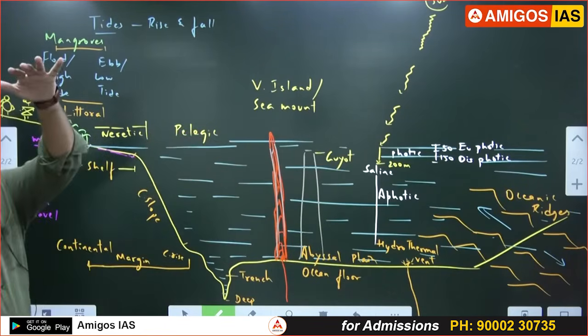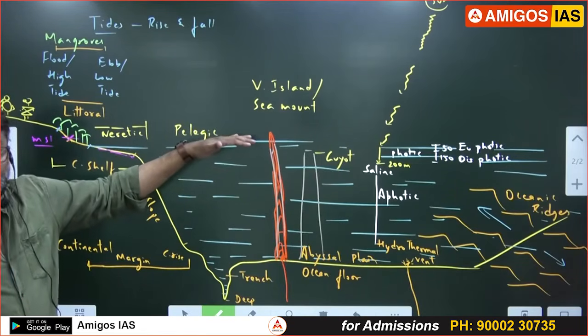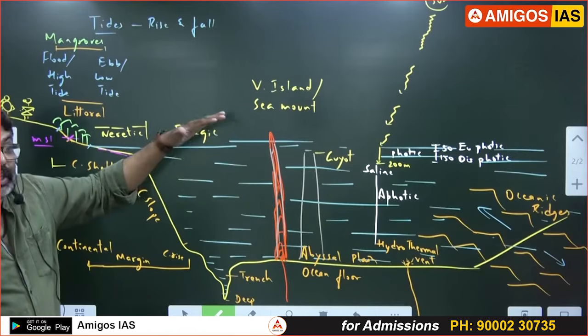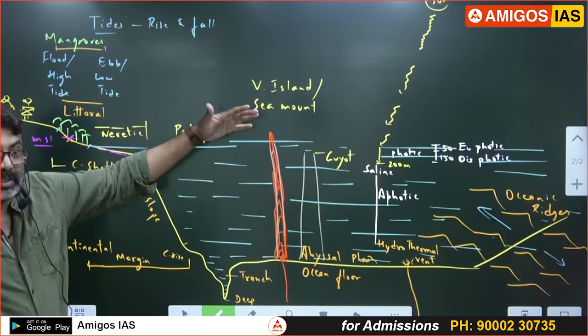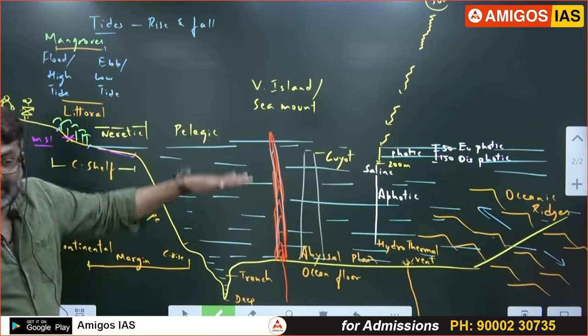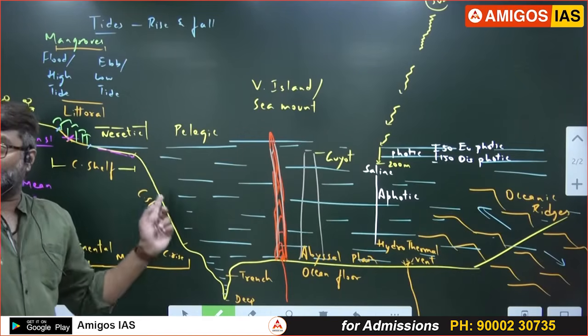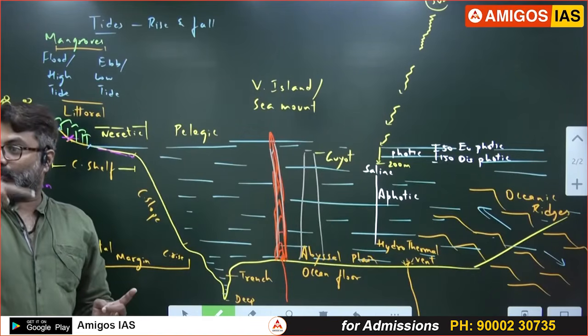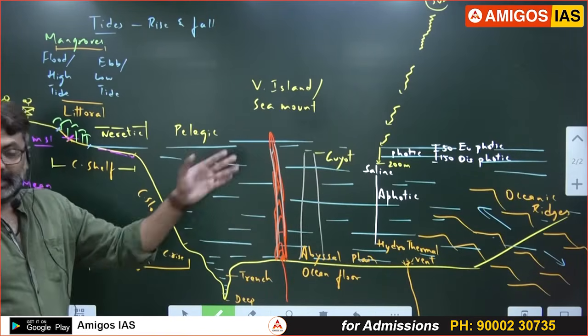Why? Because they require a lot of depth. They are huge. Sperm whale, blue whale, and all you have seen. Large marine cetaceans, dolphins, porpoises, whales require large space and more resources. They live here. To see dolphins and porpoises, you have to go away from the coast in a boat. Then you will get to see them here.